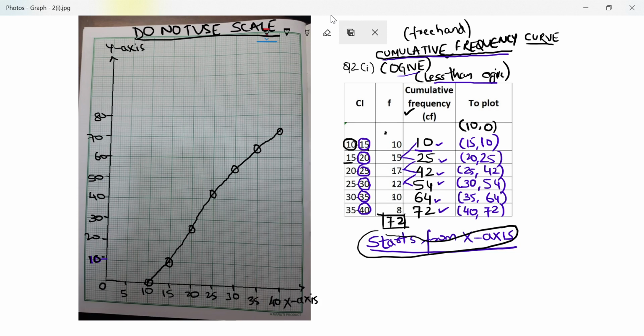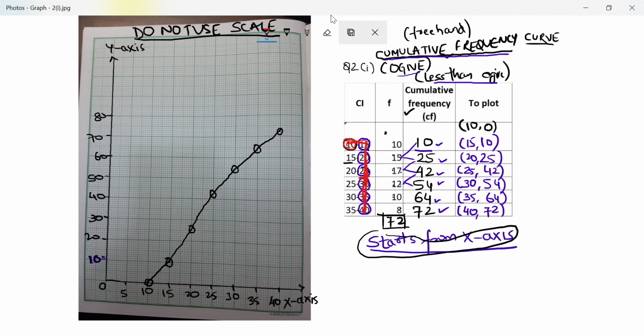So the points to plot are the lower limit of the first class interval with 0, and then the upper limits of all other class intervals. In my mind, it makes a 7. Please note that this makes a 7. If you forget, remember the lucky number 7. This is what we need to plot: the lower limit of the first class interval with 0, and then the upper limit of everything with the cumulative frequency.